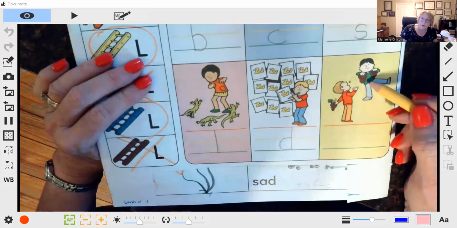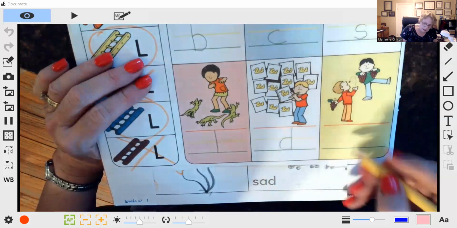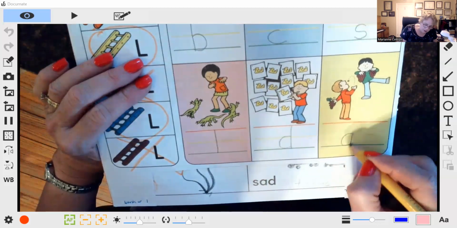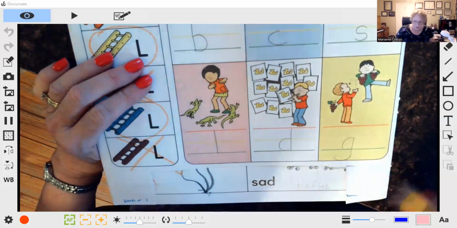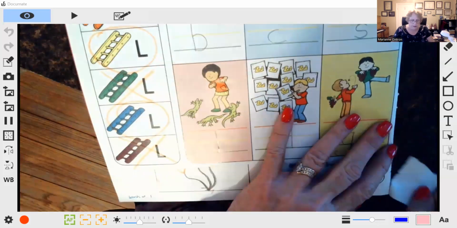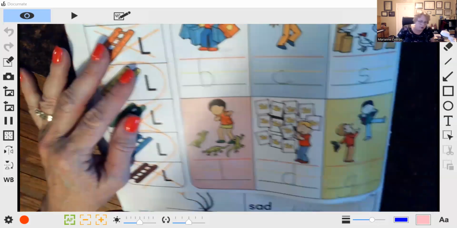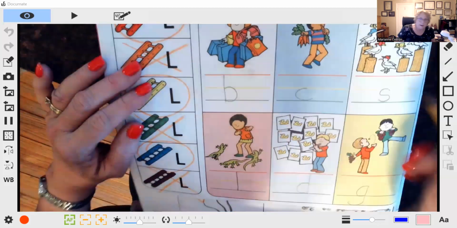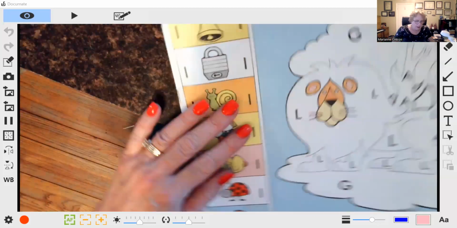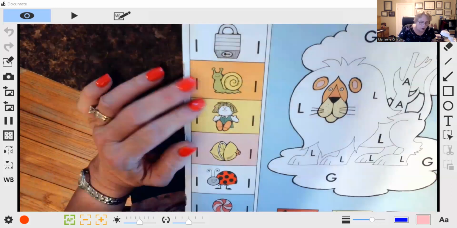And grape, G. C stroke with a scoop. Okay, that little piece can come off. Now, if you had your child do uppercase as well, that's fine. So here we're going to have more words.